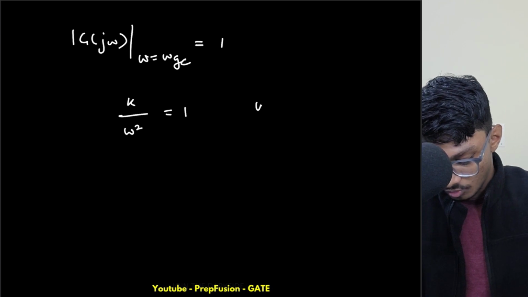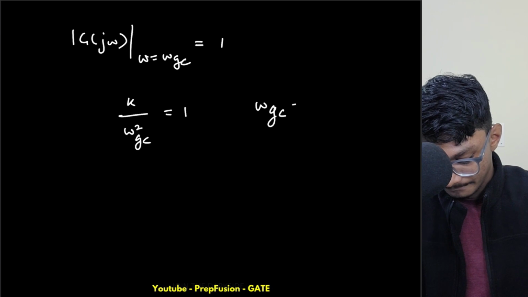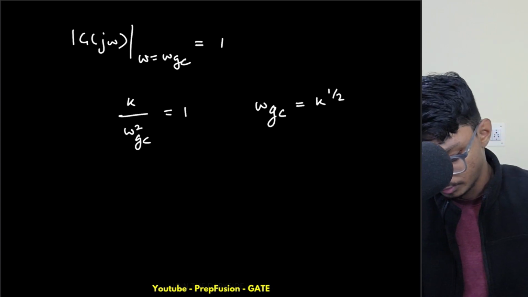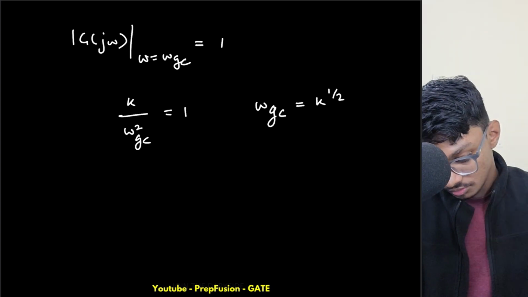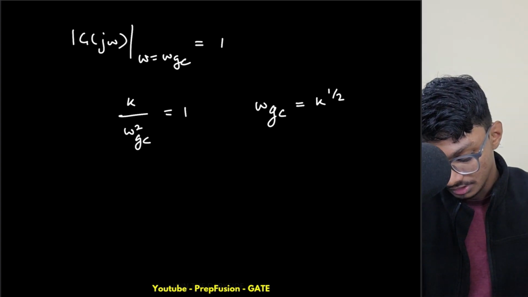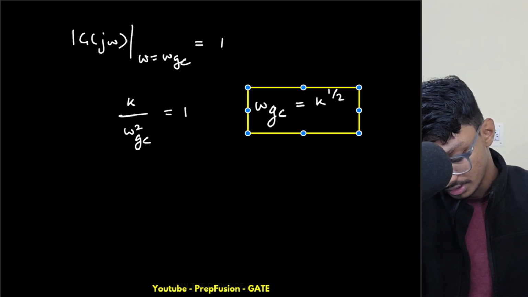So omega gc equals k to the power 1 by 2. So omega gc is equal to k to the power 1 by 2. This is also one of the formulae, so you can recall it from here, or understand it from the Bode plot itself.